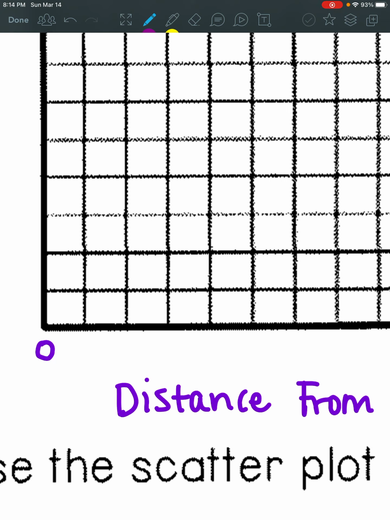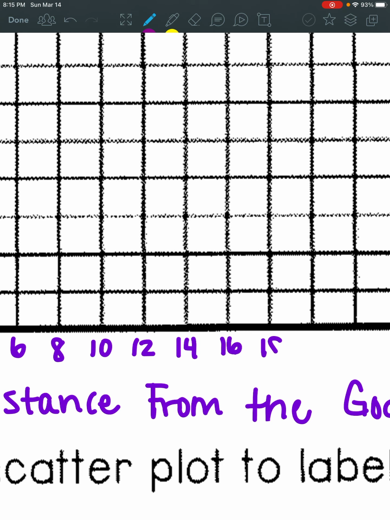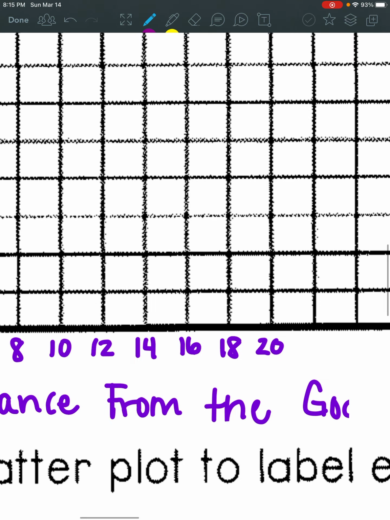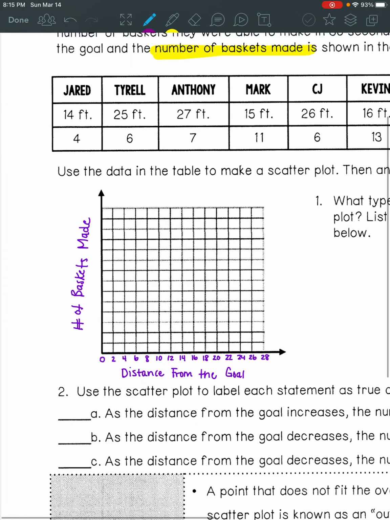So what I am going to do is always start with 0 when you number, and each of these lines are going to go by 2s. If you didn't go by 2s, we would only be using about half of this graph. That's why it's important to count and try to use as much space on this graph as possible. And there we do have 28 on there.